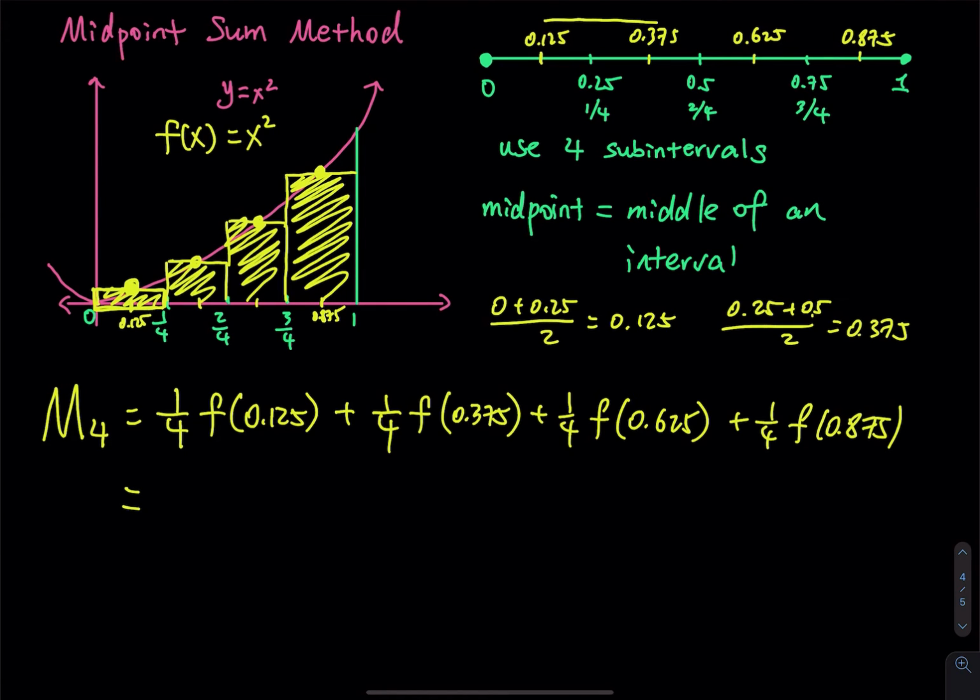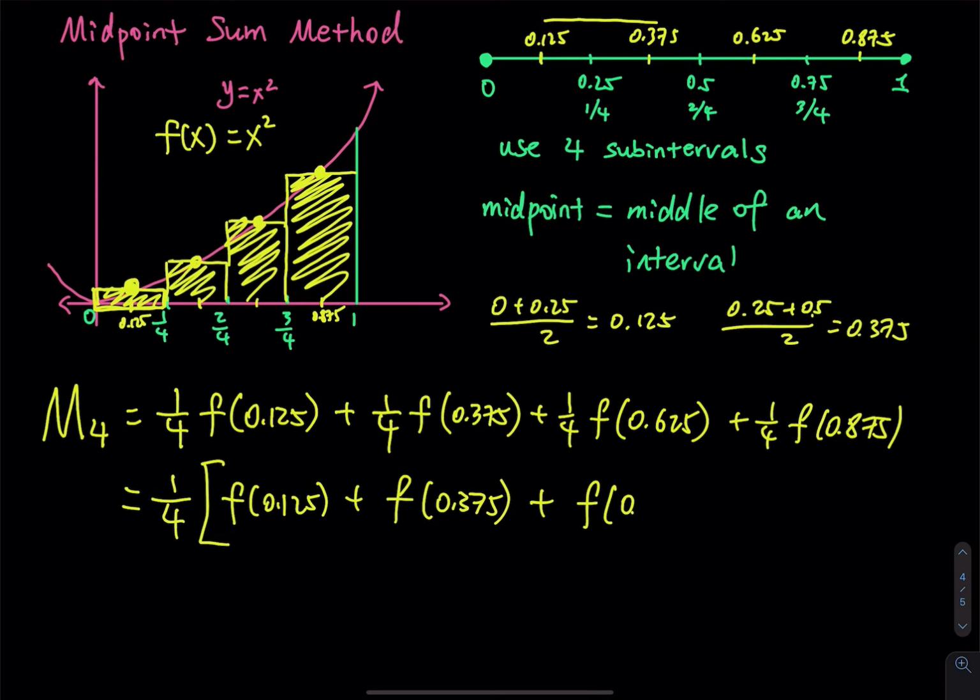So you can factor out the 1 over 4, and then you have f of 0.125 plus f of 0.375 plus f of 0.625 plus f of 0.875. Can you tell me what that equals?